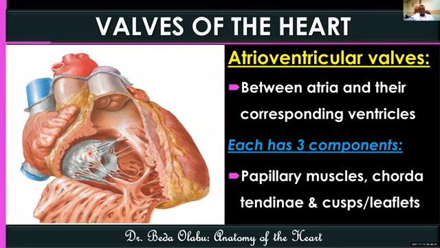So each atrioventricular valve has those three basic components: papillary muscle, chordae tendineae, and the cusps, which we can call the leaflets. Remember, the valve is largely found within the ventricle, and maybe you don't see it much from the atrial side. These structures we're talking about are on the ventricular chamber side rather than on the atrial chamber side.